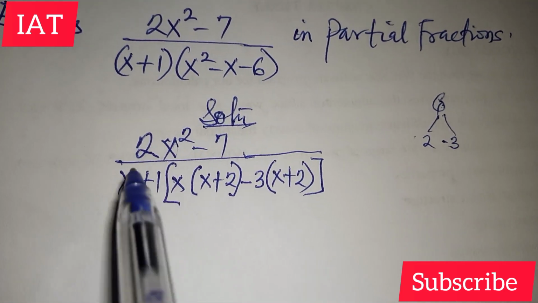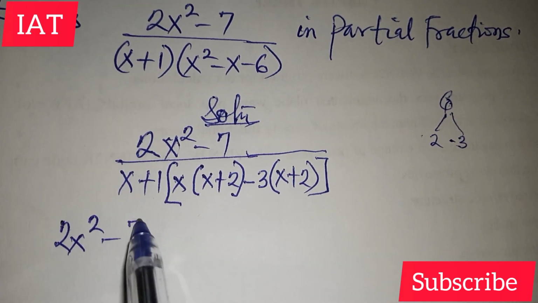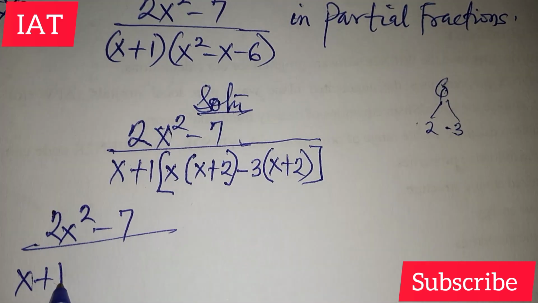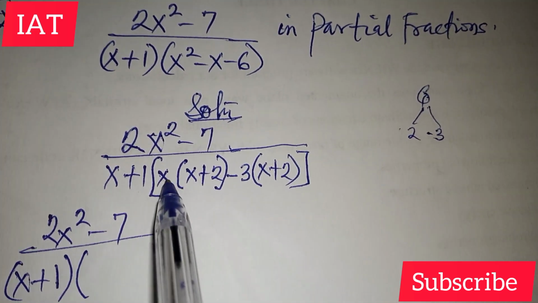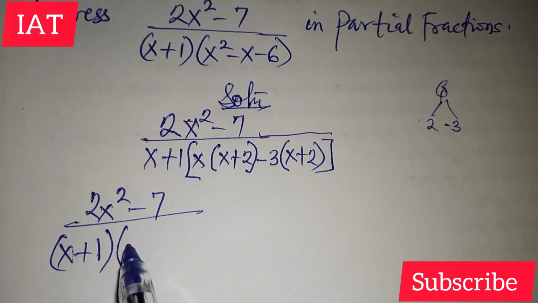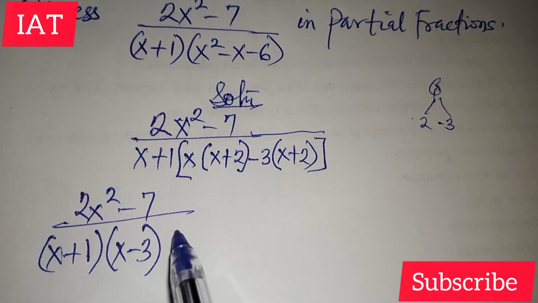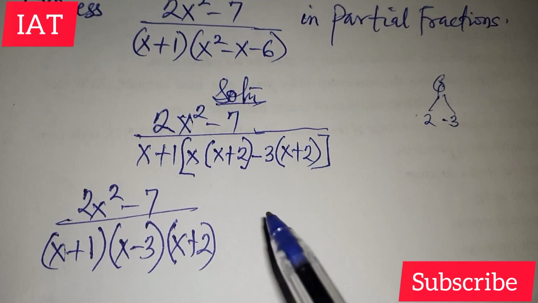So the best way to arrange this is to say that 2x squared minus 7 all over x plus 1, you could put this in a bracket, and then we have x minus 3 outside. You could also consider x minus 3. Then because x plus 2 are common, you want to place it here.